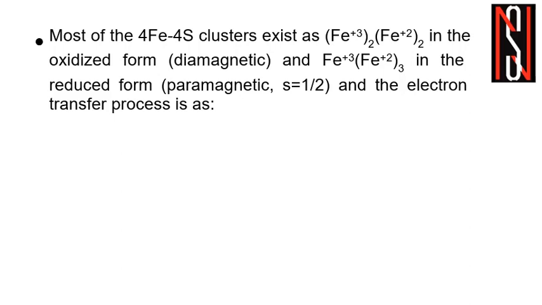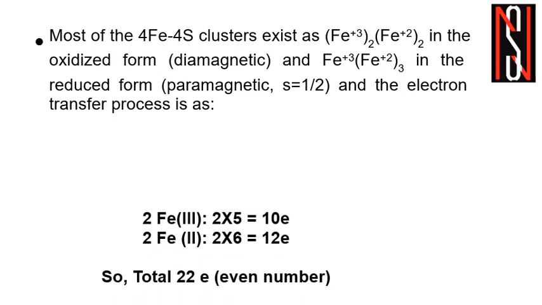So in the oxidized form, see that the total number of electrons would be even, right? So it will undergo antiferromagnetic coupling or the super exchange phenomenon, which we have already discussed in the last few slides, and therefore it would be diamagnetic in nature.